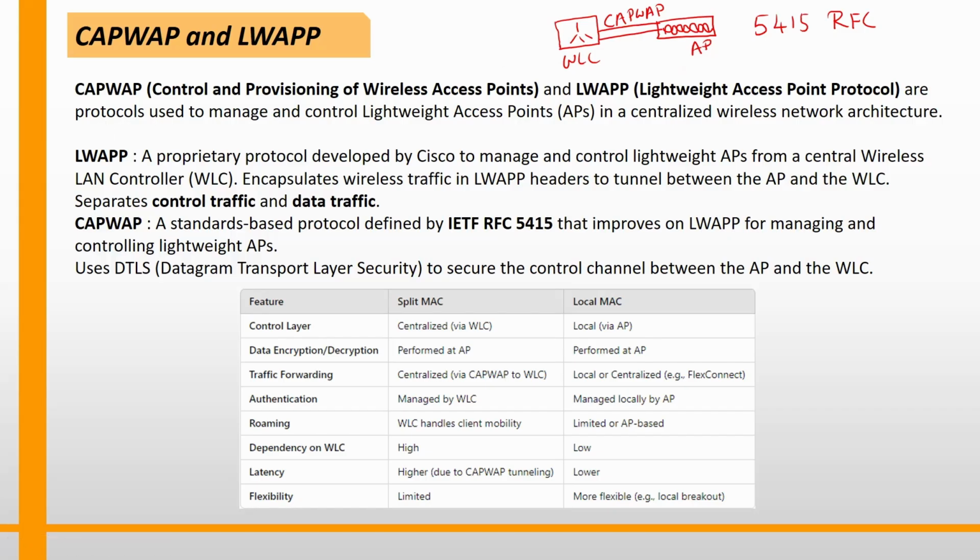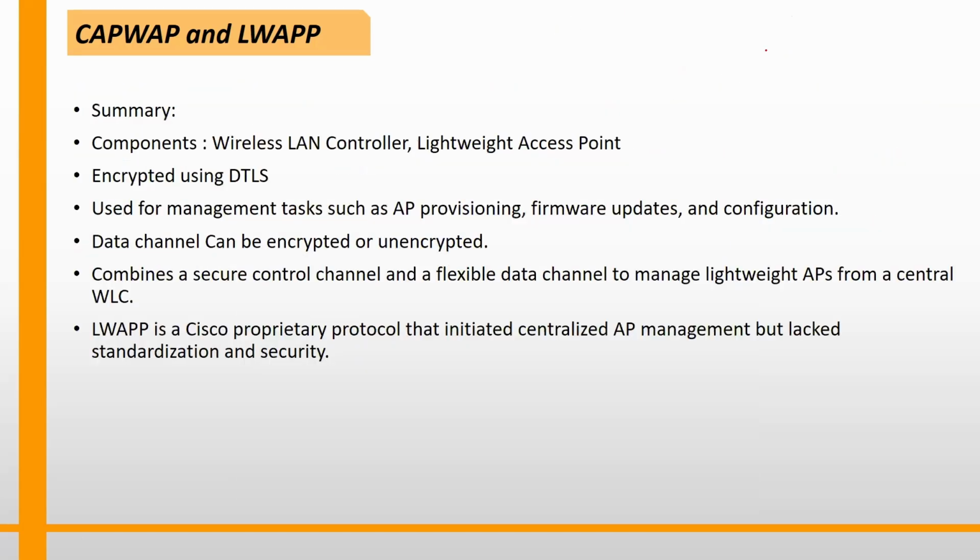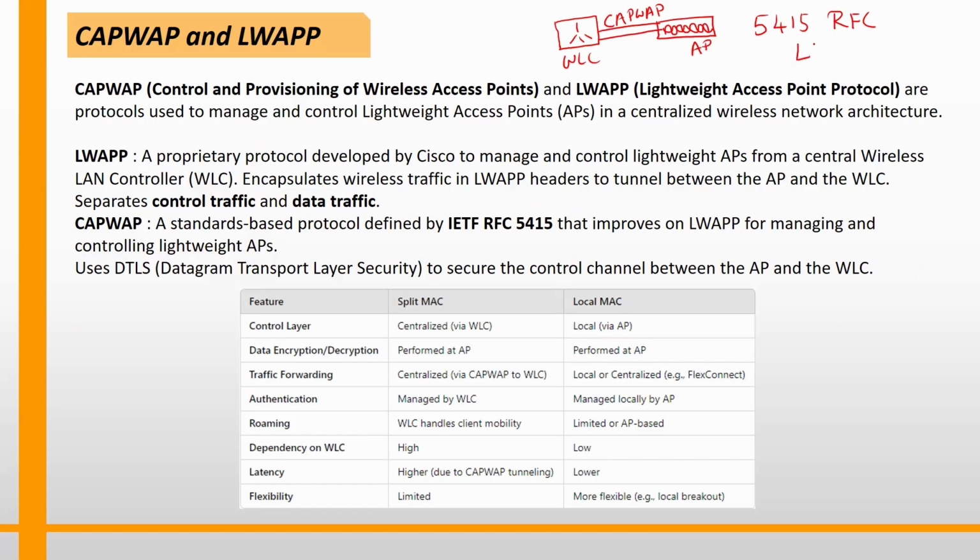But with enhancements such as encryption and better security compared to its predecessor, that is LWAPP, the Lightweight Access Point Protocol. So CAPWAP is a protocol used to manage and control lightweight access points in a centralized wireless network architecture.